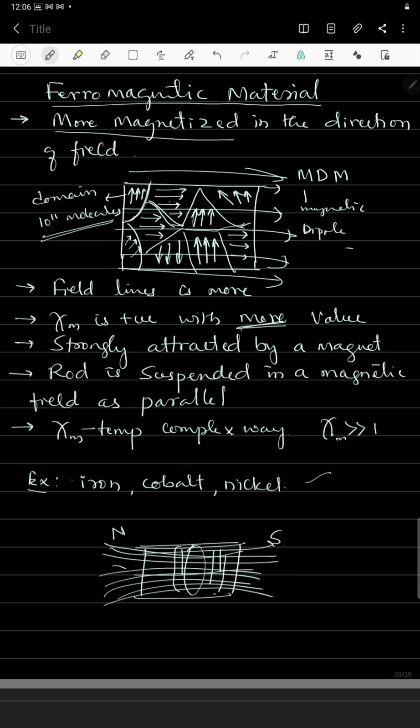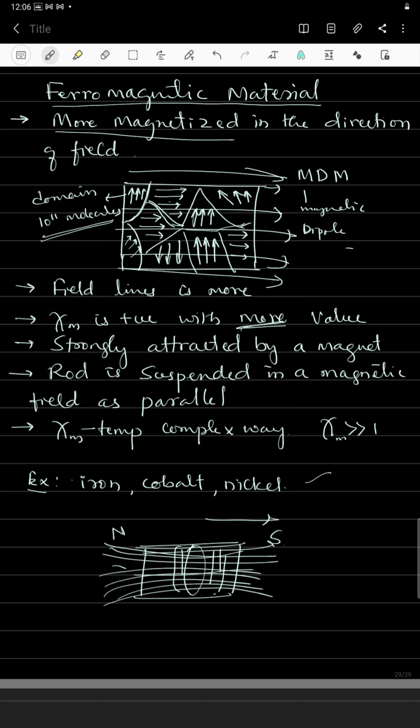And it is strongly attracted by the magnet, and a rod is suspended in a magnetic field parallel to the direction of the magnetic field line. Chi m varies with the temperature in a complex way.